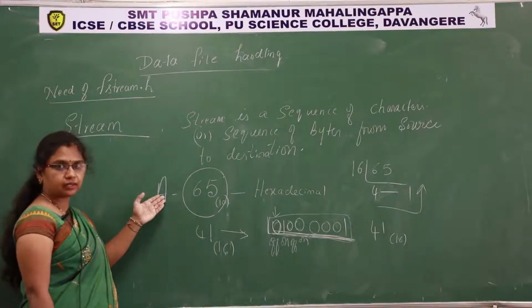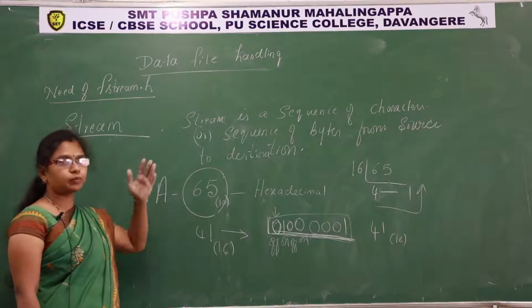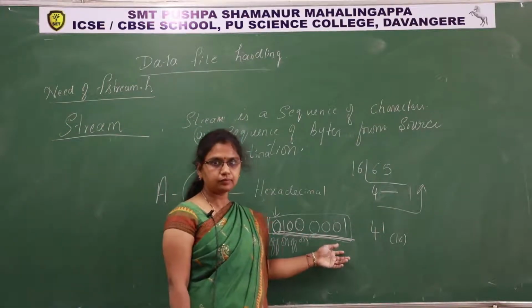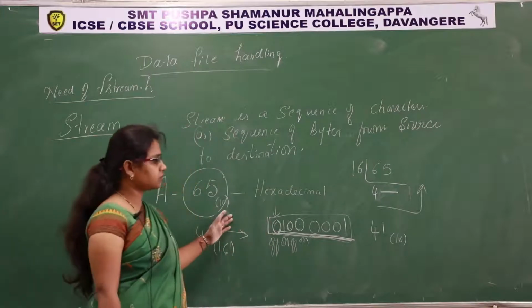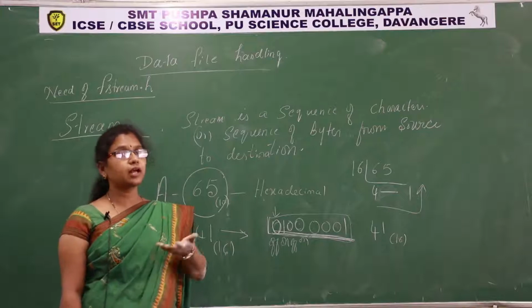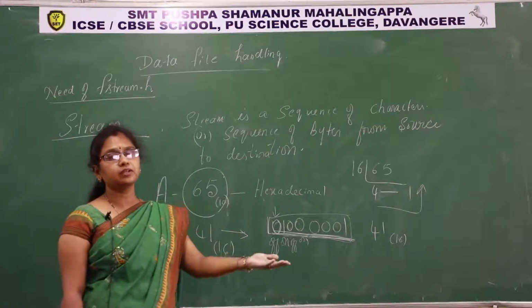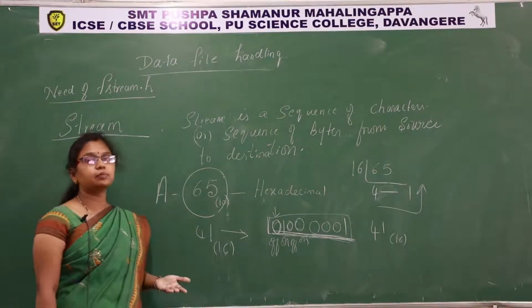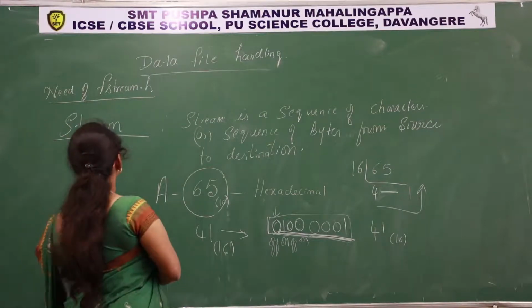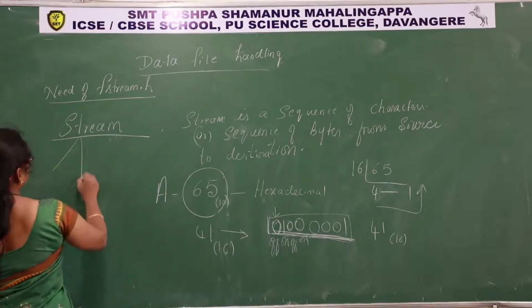So this is a character, and how this character goes to the program is in the form of a sequence of bytes or a sequence of bits. So this is called a stream. If a stream carries data from the standard input device to the program, that stream we call an input stream. Understood?